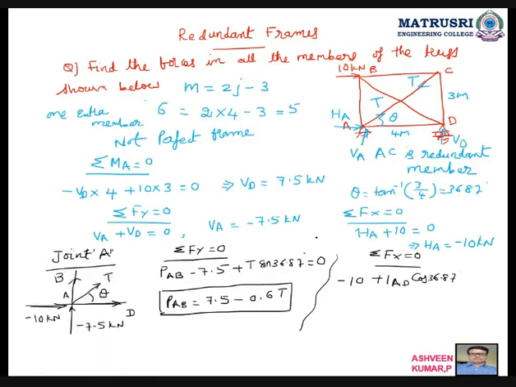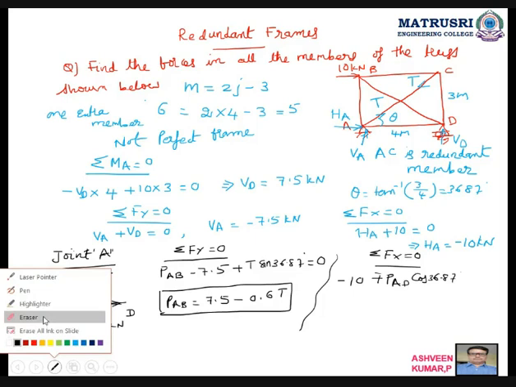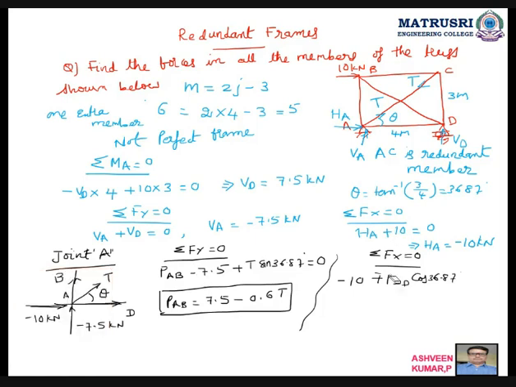PAD cos 36.87. Then if this is T, not PAD, that is T cos 36.87, T cos 36.87, then plus P of AD is equal to 0.